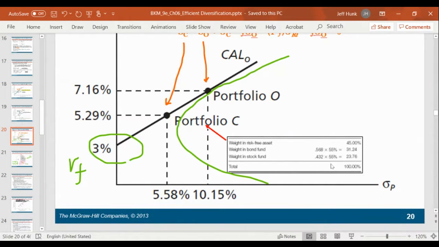Oh, here the weight is different. No wonder.